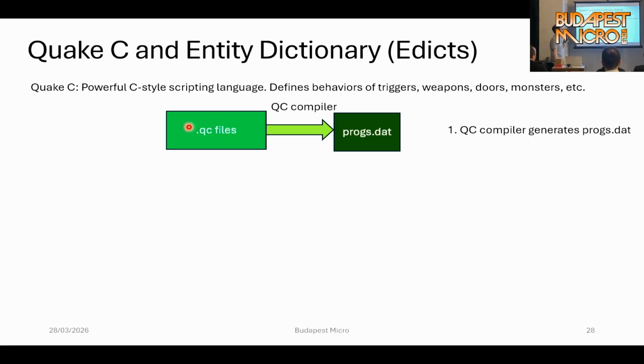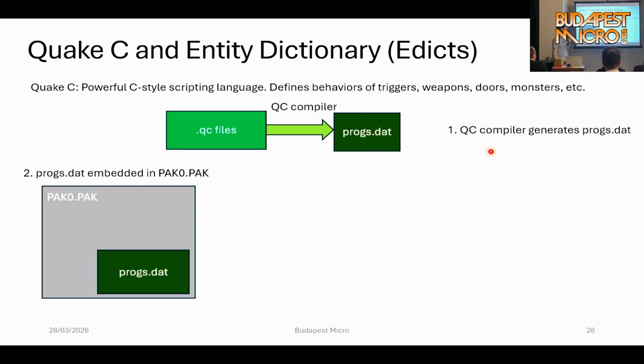You have the QuakeC files, which are text-based in the QuakeC language. You give them to the QuakeC compiler, and it spits out the progs.dat, which is bytecode. And this bytecode is embedded into the game data file, the pak0.pak, which is the equivalent of the Doom WAD file.